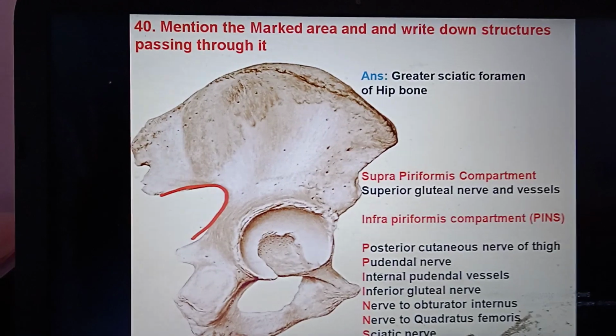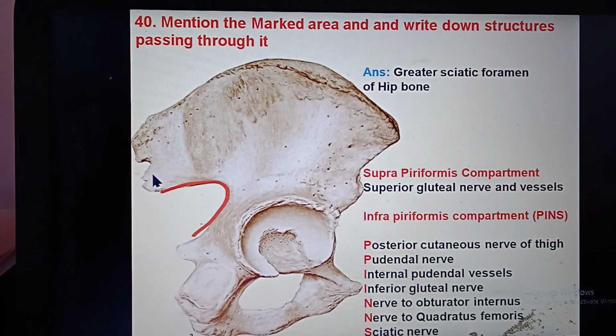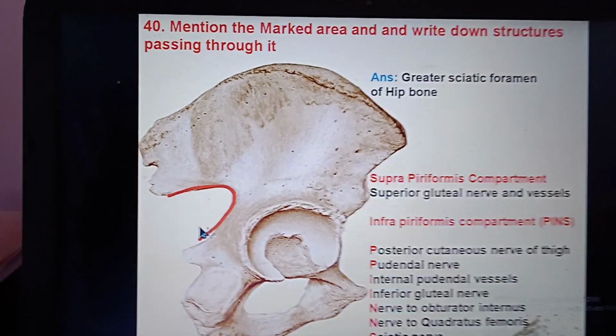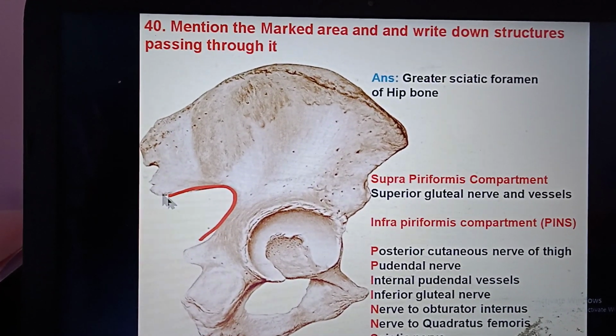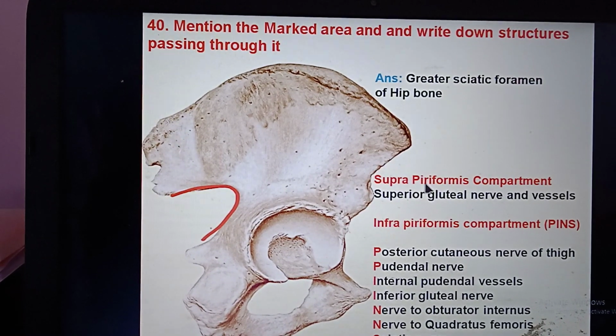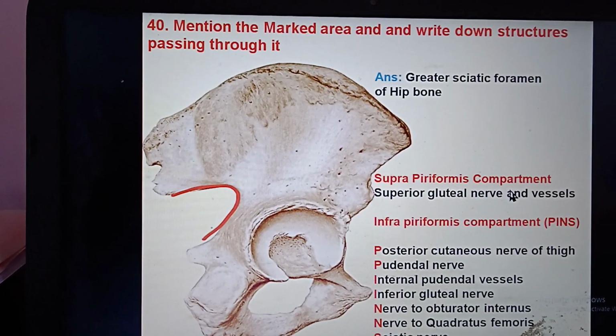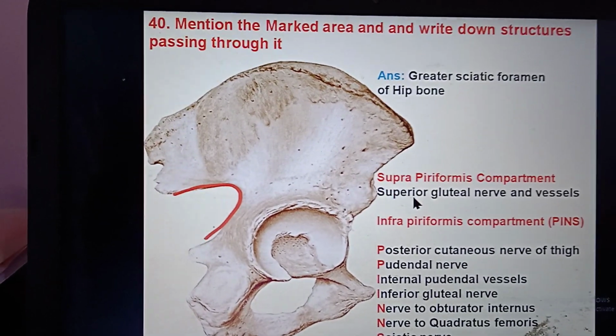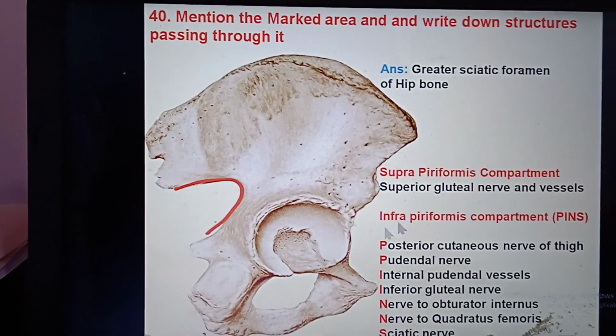Mention the marked structure and write down the structures passing through it. This is the greater sciatic notch, which is converted into a foramen by the sacrotuberous ligament, and the structures pass through it in the suprapiriformis compartment and the infrapiriformis compartment. Supra gives way to the superior gluteal vessels and nerve.